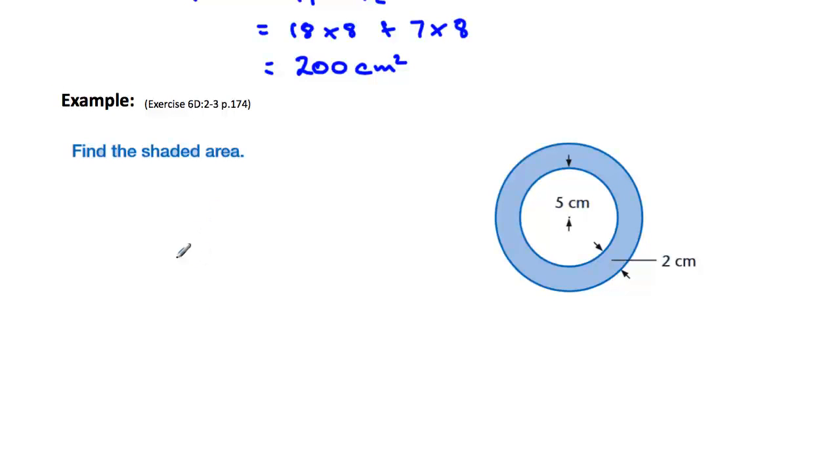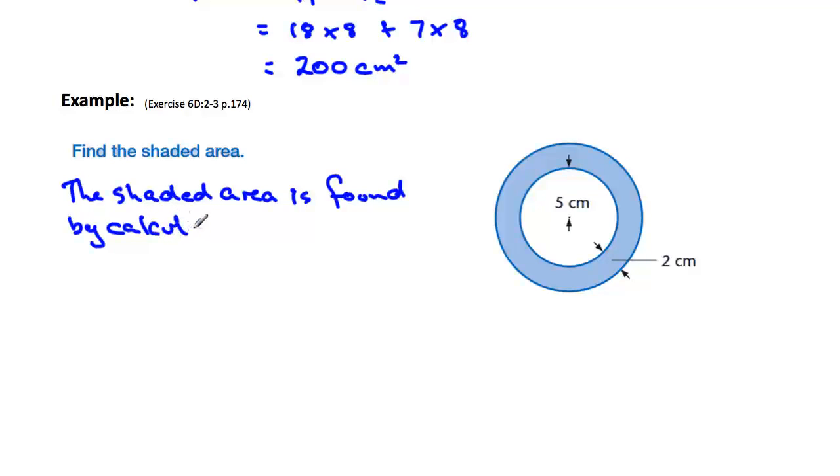So to find this, we could say that the shaded area is found by calculating the total area and then subtracting the unshaded area.